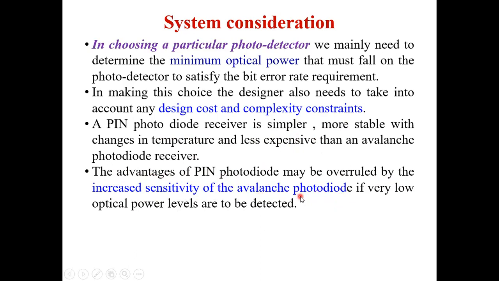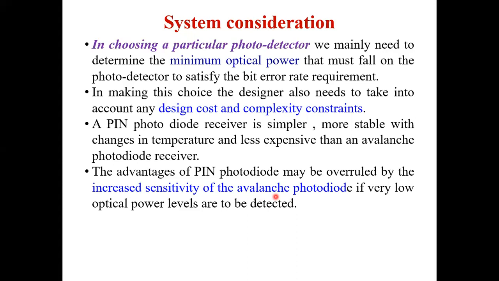Even though we have not studied the avalanche photodiode, you know the word avalanche means a sudden increase in the output. Avalanche breakdown happens. See, what is a photodetector finally doing? Light is falling on the photodetector, and according to the light or photons falling on it, it converts into an equivalent electrical signal, meaning current.